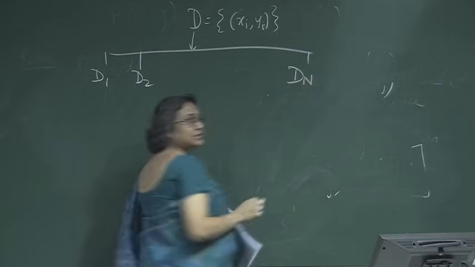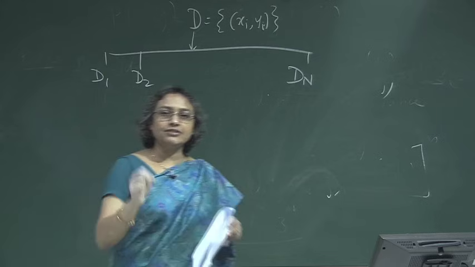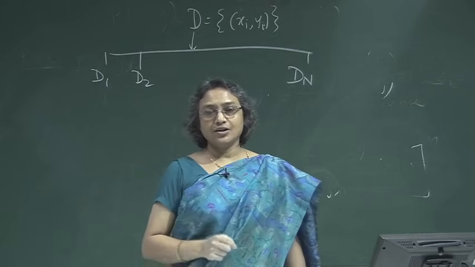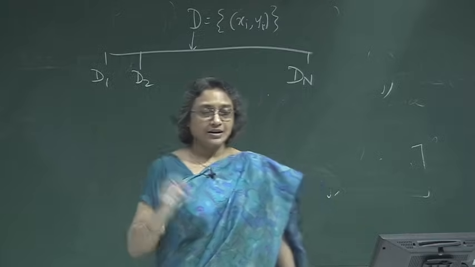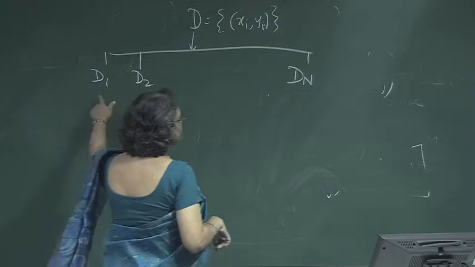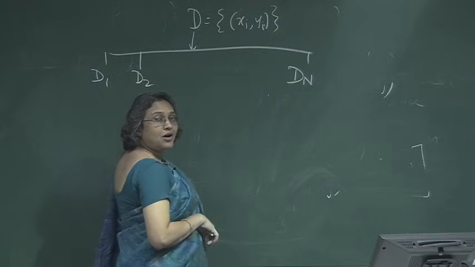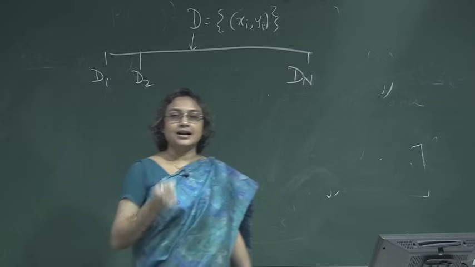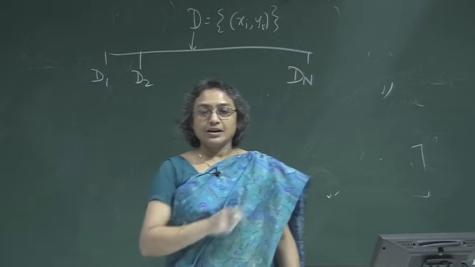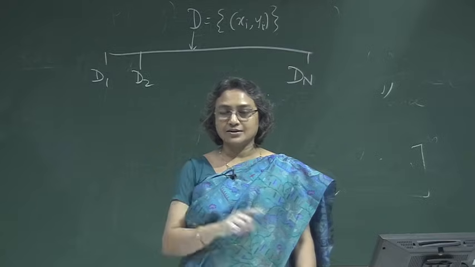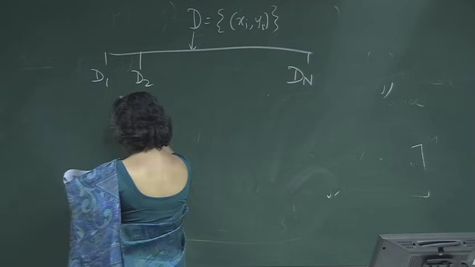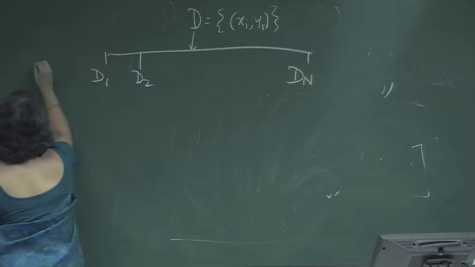It is possible that to different learners you feed different training data, which is sampled from D. So, the data fed to the different learners may be same or they may be different. And in the next class, we will look at different ways of sampling to make this training set different. This is step 1, to create multiple data sets.